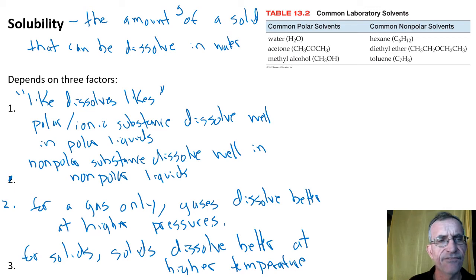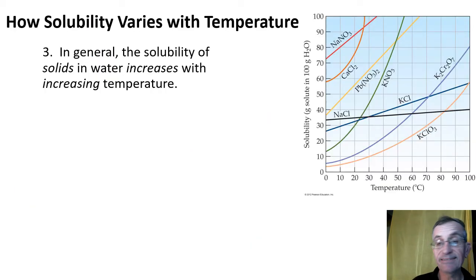All right, let's flip over and look at a little graph of this idea. On this graph, you can see all kinds of different solids, each a little line on the graph. They've graphed the solubility, how much stuff you can dissolve, against the temperature of the water. This is your temperature down here, and on the vertical axis is how much of some solid can dissolve, in grams per 100 grams of water.